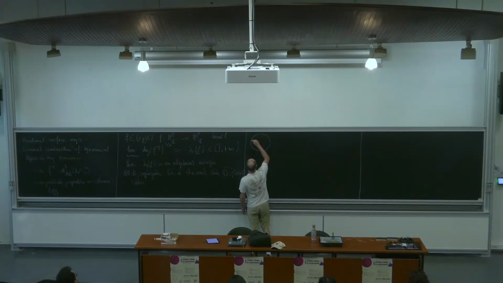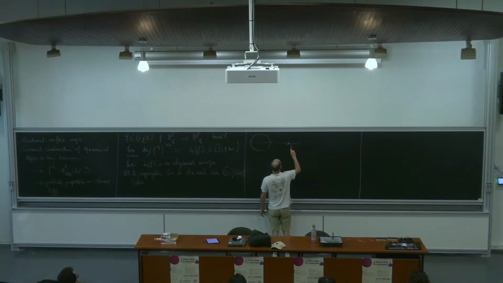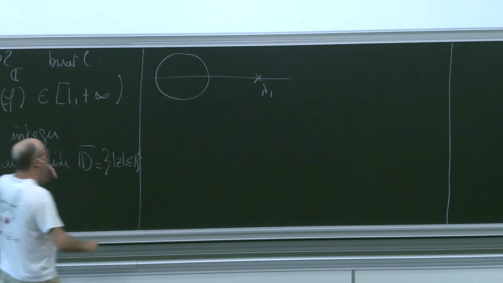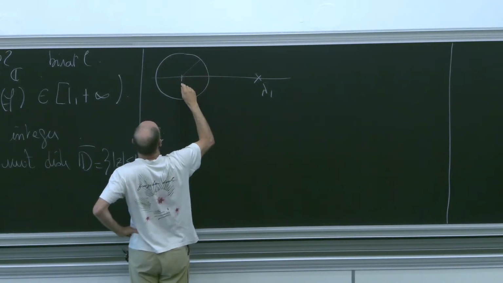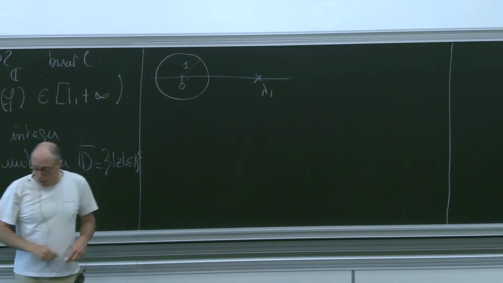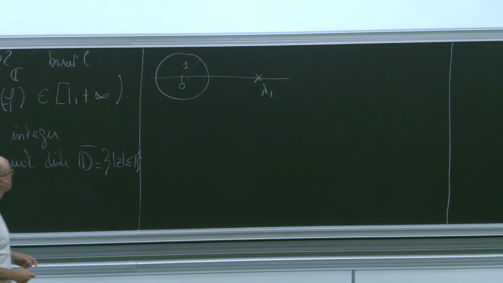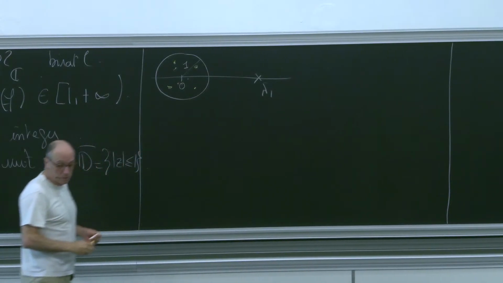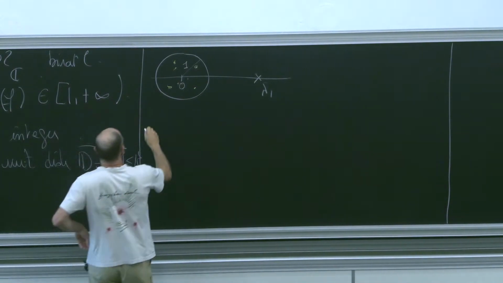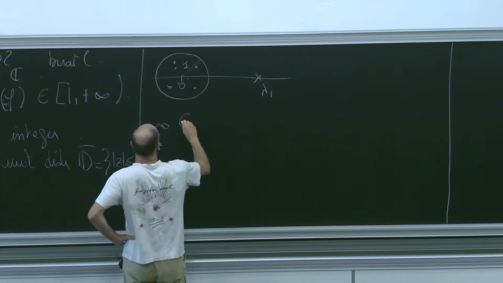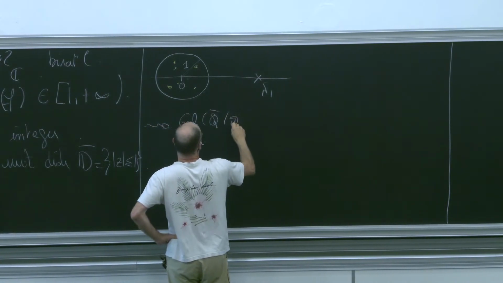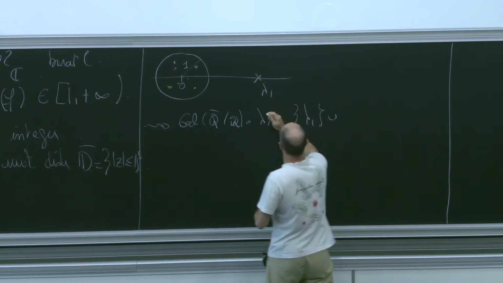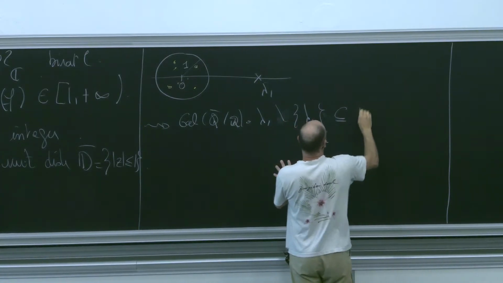So the picture is like this. So lambda 1 is here. Of course, lambda 1 could be equal to 1, but let's assume that lambda 1 is not equal to 1. So this is supposedly the closed unit disk, so 0, radius 1. And so you have two cases. So either the Galois conjugates are all inside the open unit disk. So let's say this is lambda 1, minus lambda 1, and inside the open unit disk.